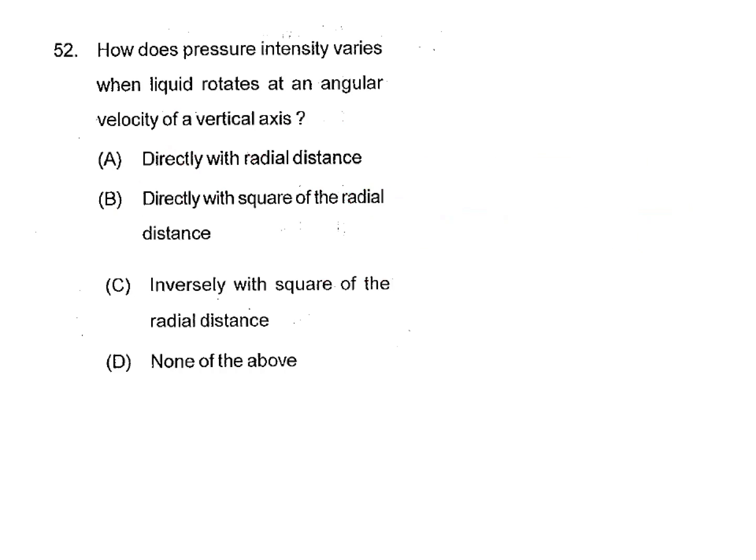How does pressure intensity vary when liquid rotates at an angular velocity about a vertical axis? We will apply H equal to omega square r square by 2g. So P is rho g h.